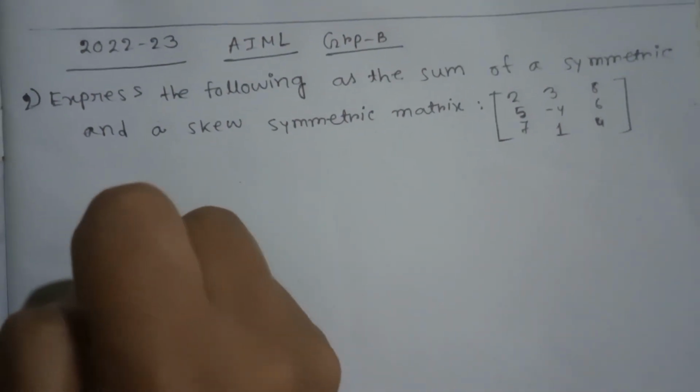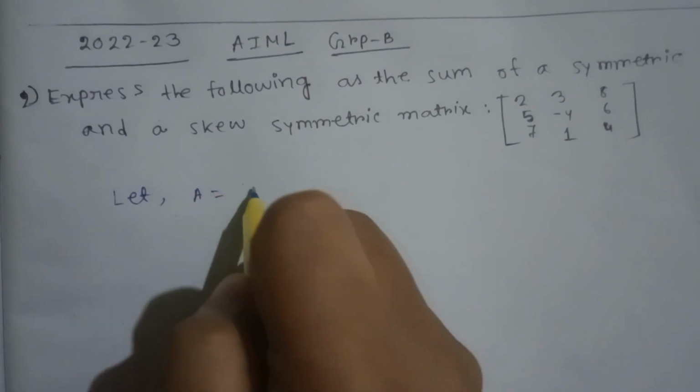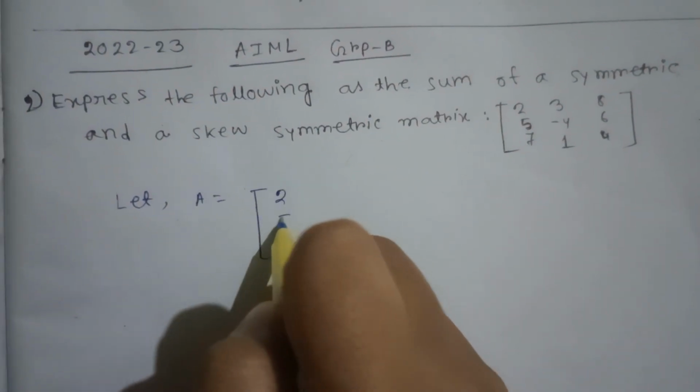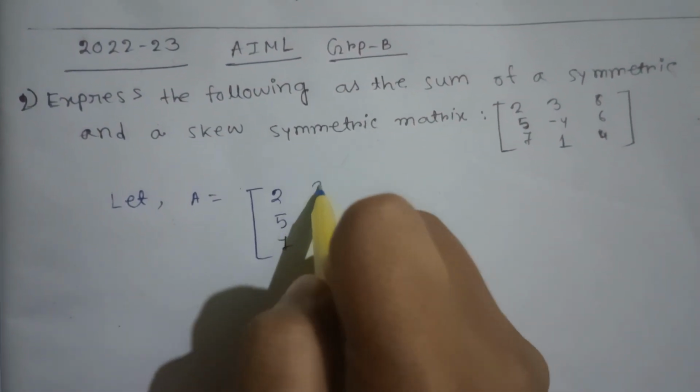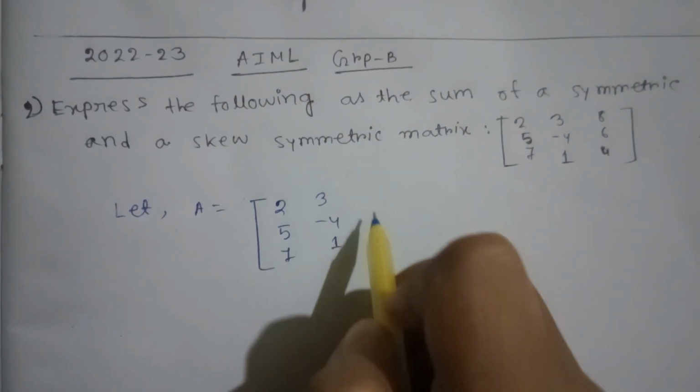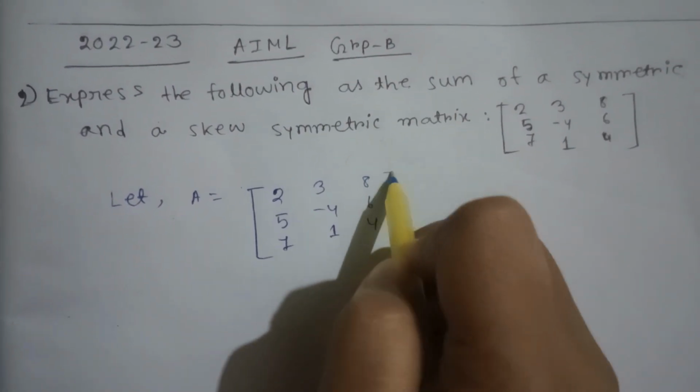Let A equal [2, 5, 7; 3, -4, 1; 8, 6, 4].